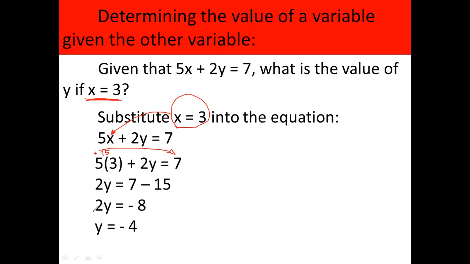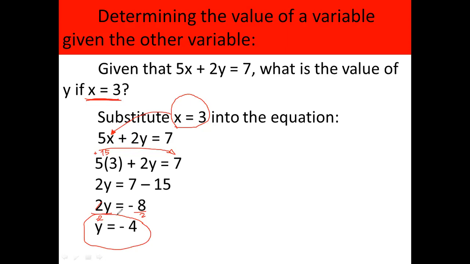Therefore, to get the value of y, divide by 2. We can cancel out 2 here, and what remains is y, and negative 8 divided by 2 is negative 4. So finally, you have the value of y, which is negative 4.